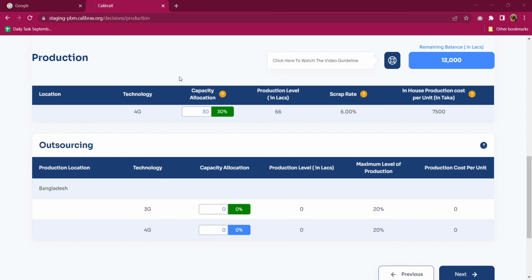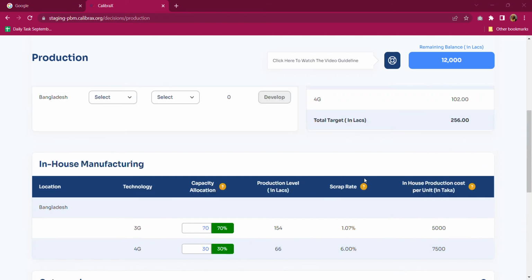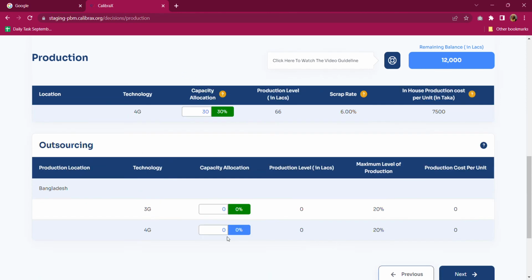So here we can do a little math. The 4G target is 102 minus 66, so we need to produce 36.